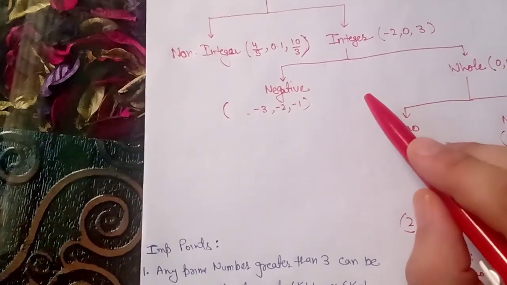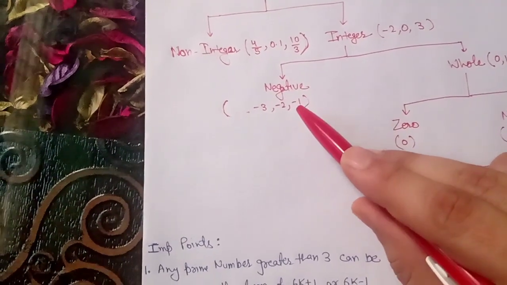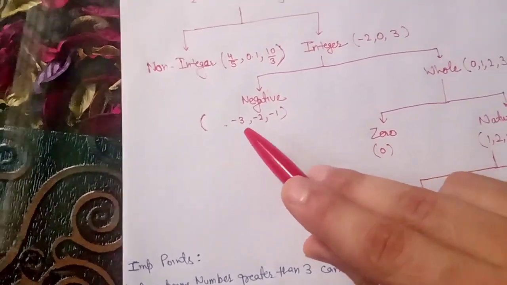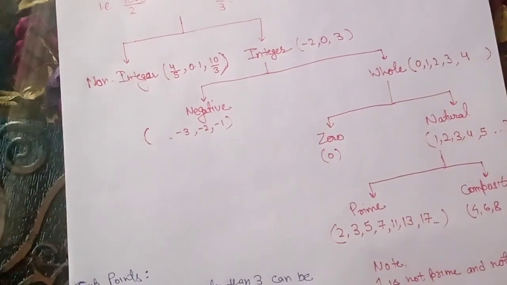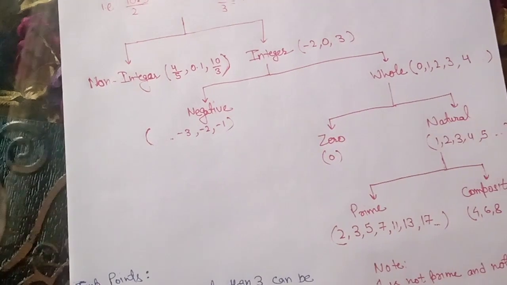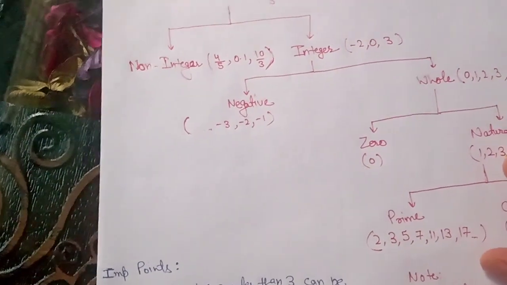Any number which is less than 0, these are negative integers. So negative integers are -1, -2, -3, and positive integers are 1, 2, 3, 4, 5, 6 and so on.